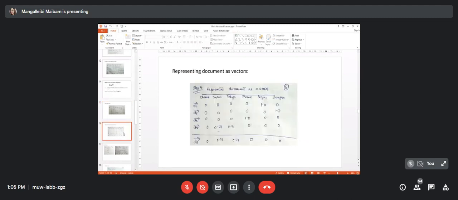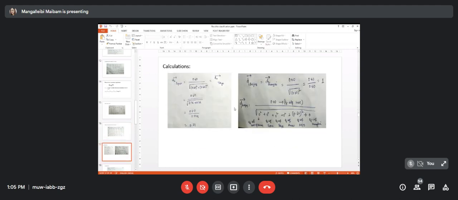After this, we have to represent documents as vectors. In order to represent documents as vectors, we need to compute this one. This is also already there in the formula. For Beijing, Shanghai, and all the terms in each document, it is computed using this formula.